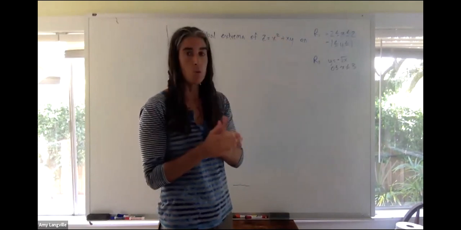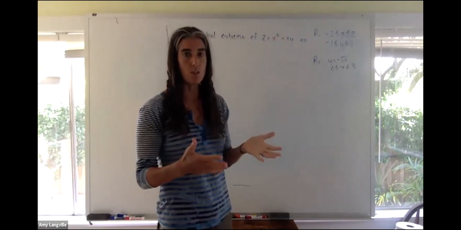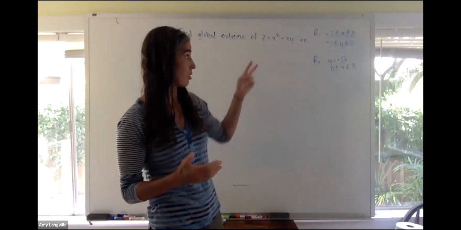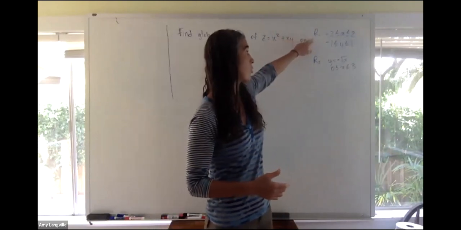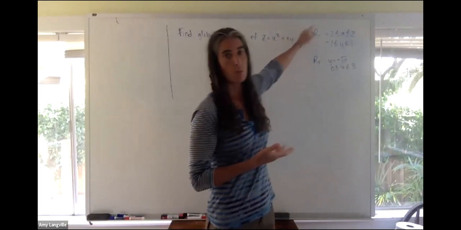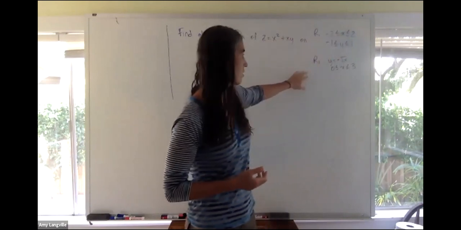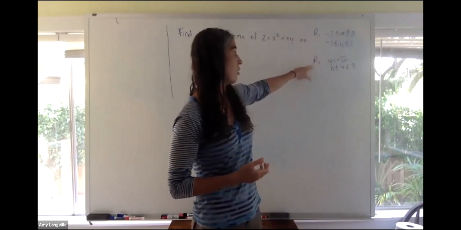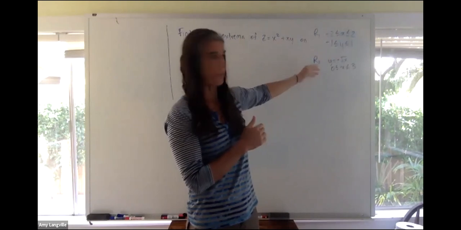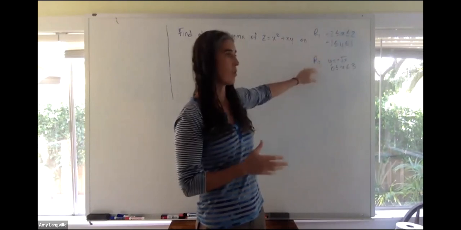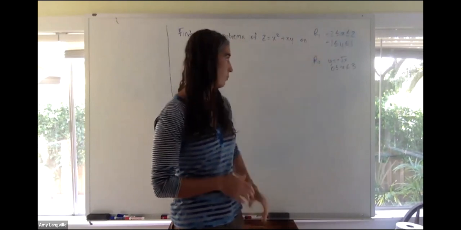And we will always be given a region over which we want to find these global extrema. And so this is what makes the two problems. The first problem, use this region, which is a rectangular region. The second one, use this region, which we'll get to. We see it's got some sort of nonlinearity to it, but we'll get to that in a moment.